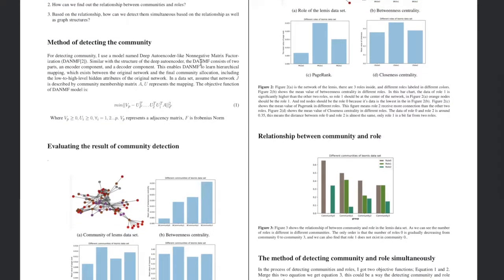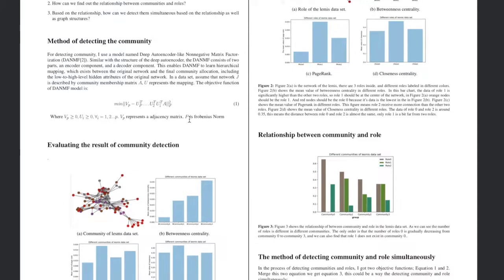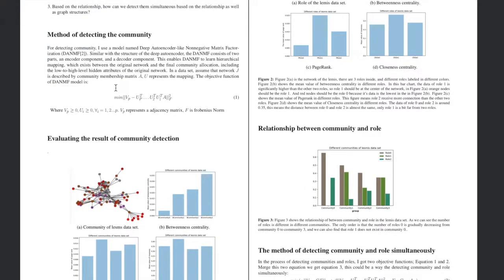The structure of this method is similar to an autoencoder, so it has two components. One is the encoder component, one is the decoder component. And DANMF tries to learn the hierarchical mapping between the original network and the final community allocation.